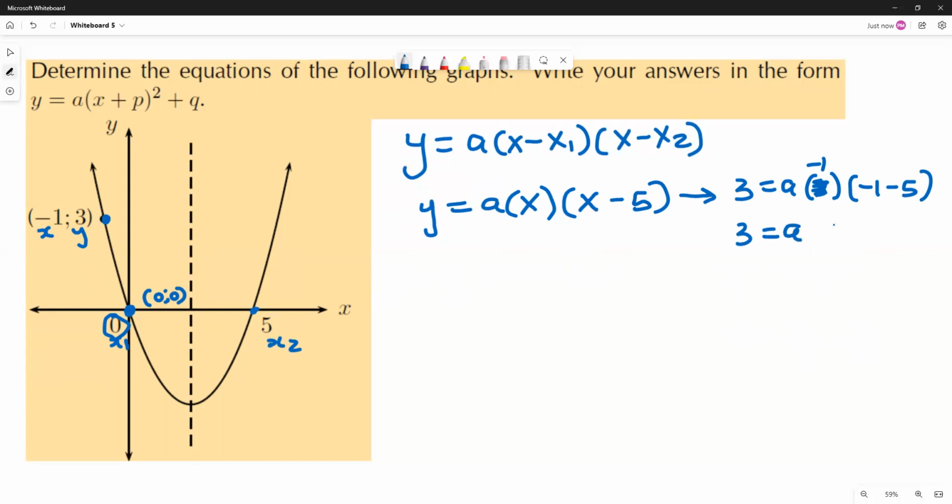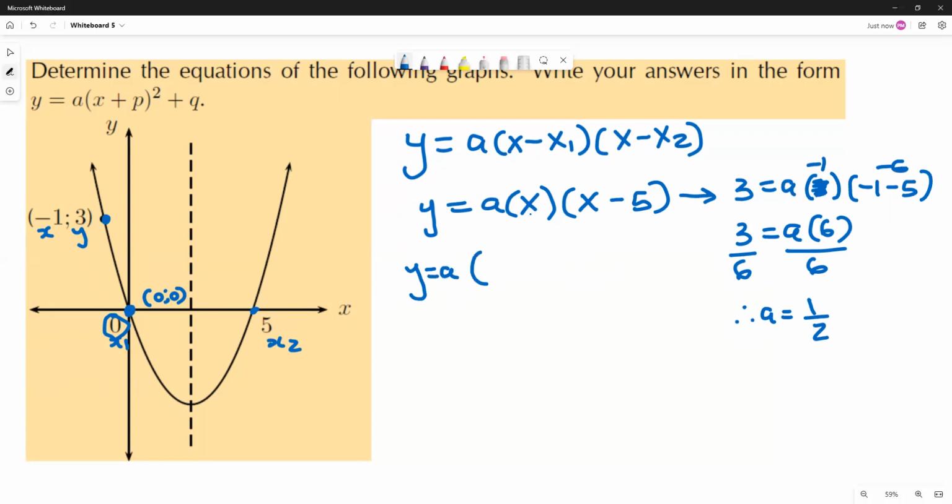So you have a, and then you have -1 minus 5, this will be -6. So -1 times -6, it's +6, right? Which becomes 3 equals 6a, so 6 over 6. Therefore, your a is what? It's 1/2.